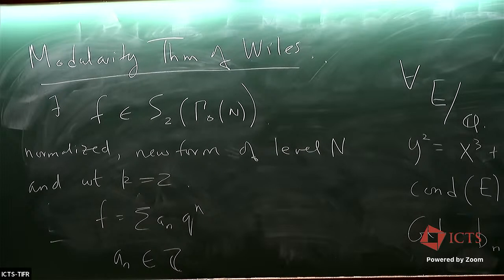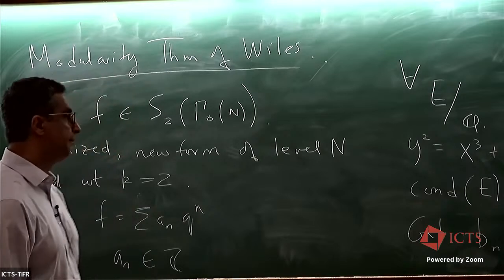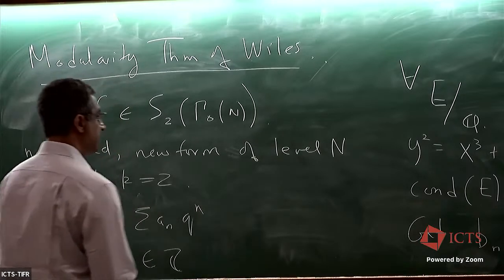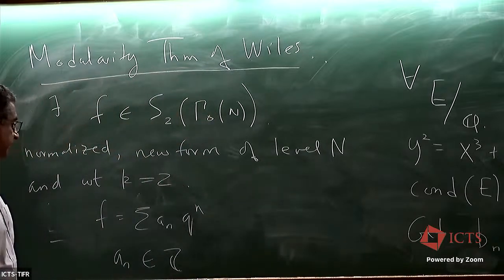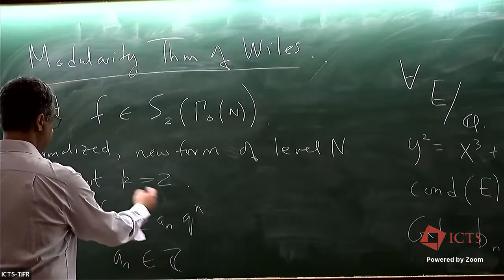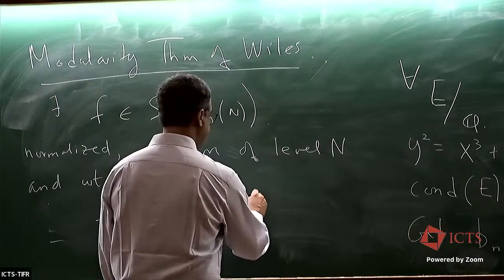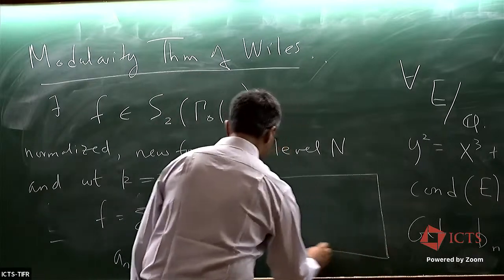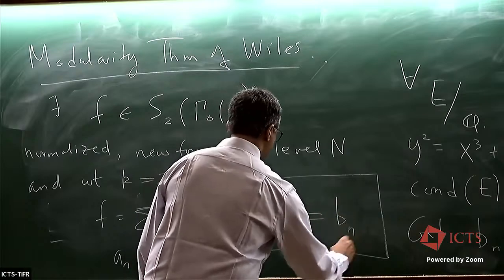And this is an example where these integers are actually counting something. They're counting these points mod p. This is maybe the naivest way I can think of explaining the modularity theorem. So there's a modular form with all these properties, with the a_n in Z, and the final punchline is that a_n equals b_n for all n.